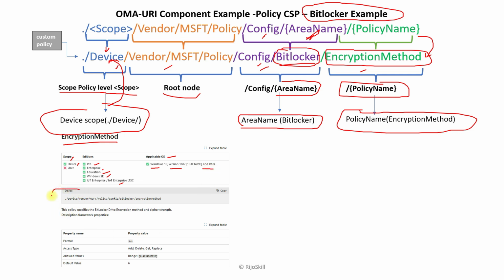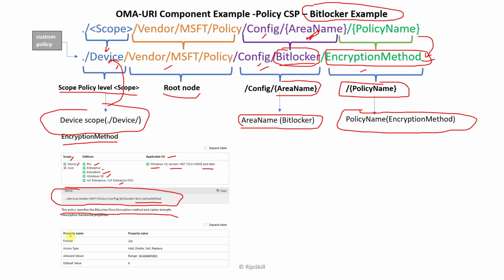This is the OMA-URI for the device: device, vendor, MSFT, policy, configuration, BitLocker, encryption method. The same policy name we will configure. This policy specifies the BitLocker drive encryption method and cipher strength. So that is the policy description.